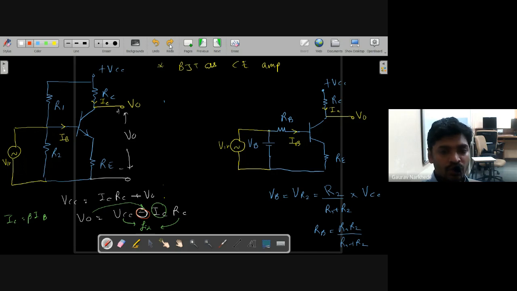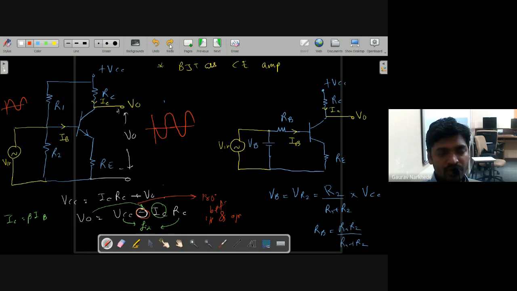So if VCC is constant and RC is constant, your V naught is dependent on IC, but there is a negative sign. What this negative sign indicates is that there is a 180 degree phase shift between the input and output. If you are giving input as a sine wave, the output will be an amplified version of the sine wave.